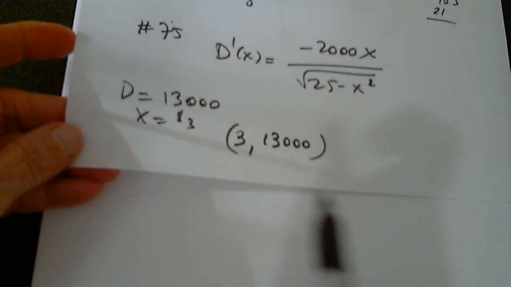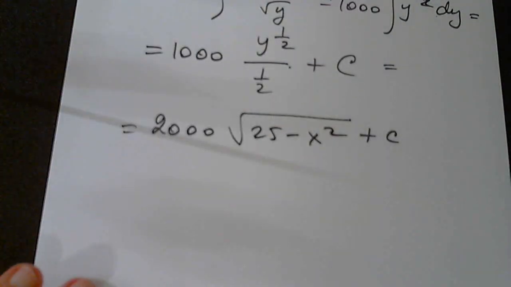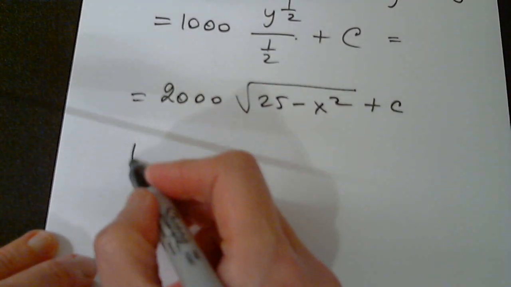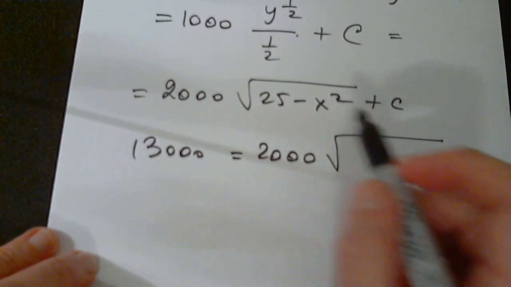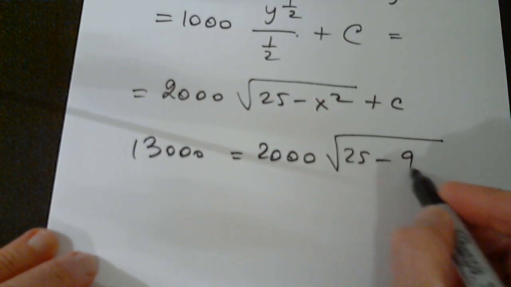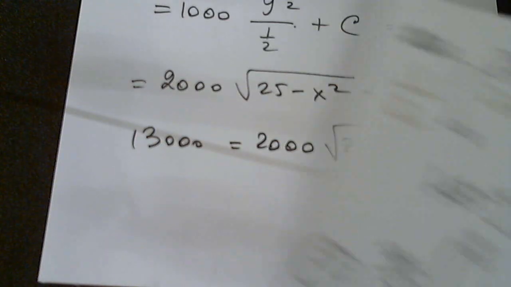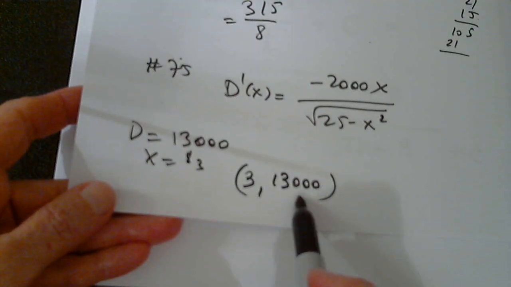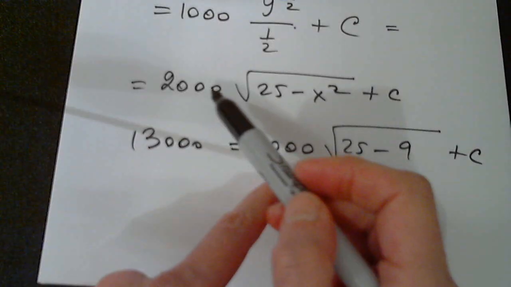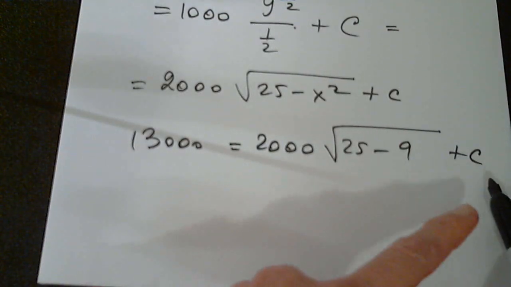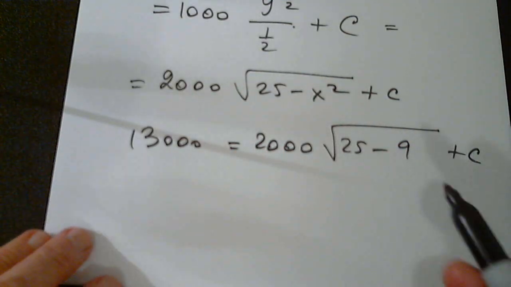But they're telling us that when x is 3, d is 13,000. So 13,000 equals 2,000, the square root of 25 minus 9 plus a constant c. 25 minus 9 is 16. The square root of 16 is 4.